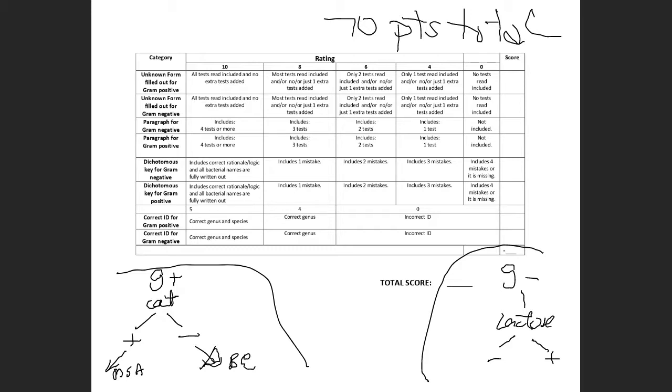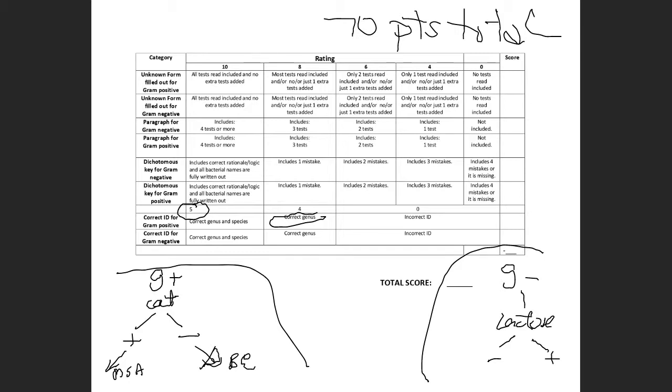Now, the last part, which you're probably thinking, I thought that was what counted the most. It does count, but not necessarily for all 70 points. It's going to be whether or not you got the correct ID. So if you get the correct ID for the gram positive, you get a total of 5 points. That includes correct genus and species. If you just get the genus, or if you forget to write down the species, which, believe it or not, has happened, students like to abbreviate a lot.